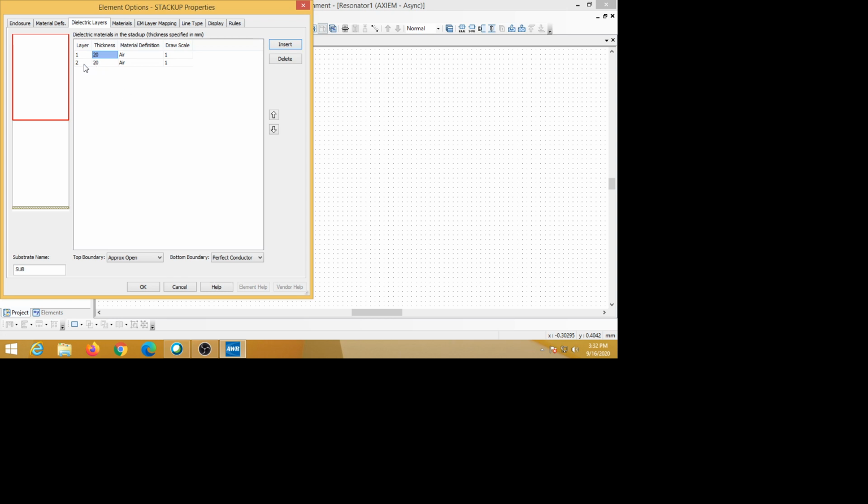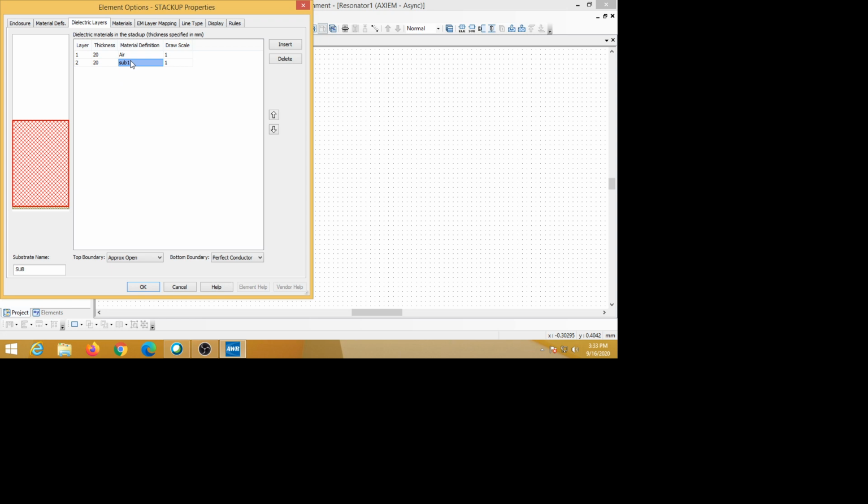But one more is layer 2. Actually in layer 2 there should not be any air. Only one air layer will be there here. So you click just over air, and we will find our defined material comes here, that is SUB1. We defined this in the material definition. So you click over that substrate and take it.